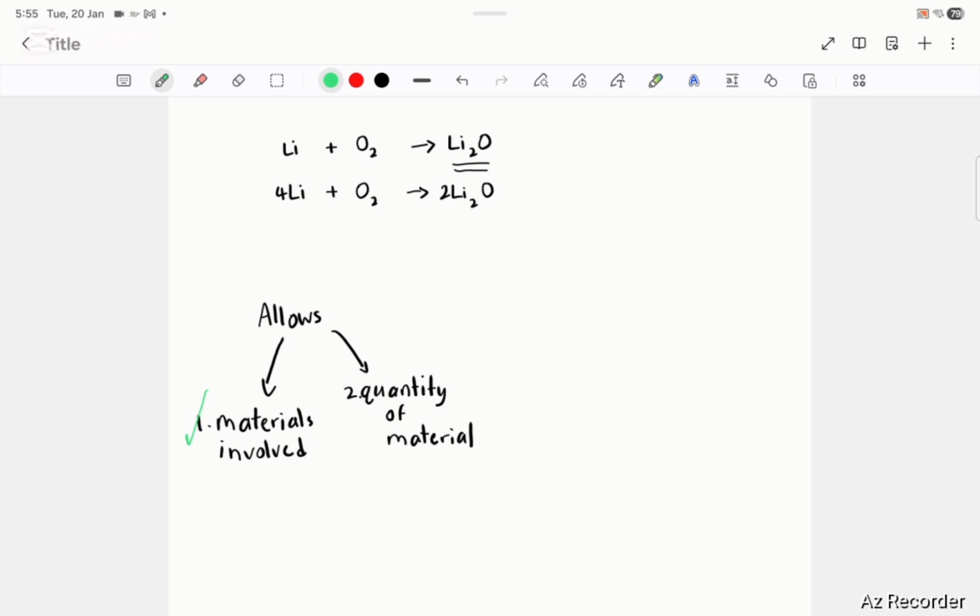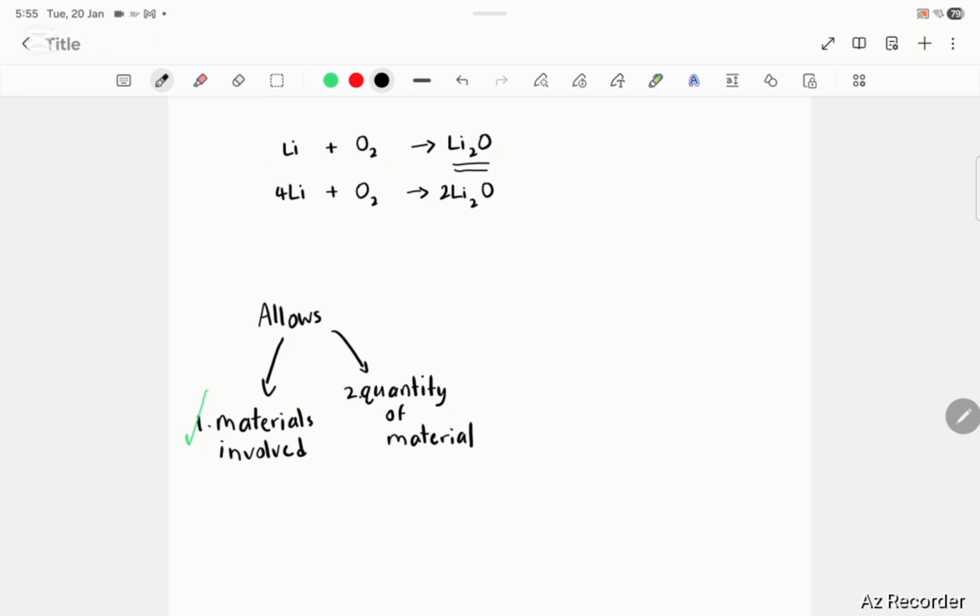Now this point here requires us to have a properly balanced chemical equation. If we do not have a balanced chemical equation, we are not able to know the quantity of the material needed. So let's look back at these two chemical equations. What can you see? What is the difference?